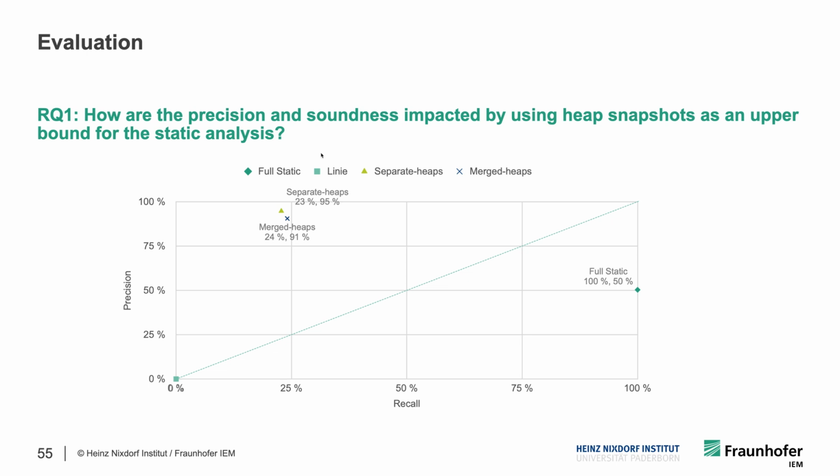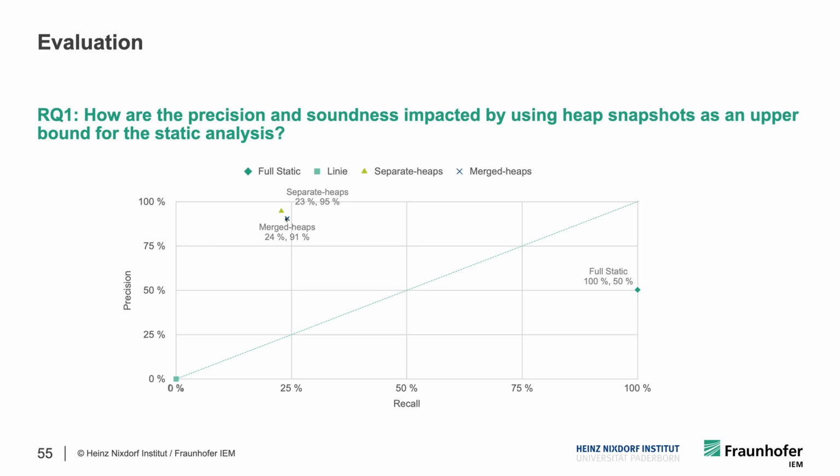Okay, and so you can see that if we only ran fully static analysis, then we would get full recall actually, right? So we had 100% recall. All the flows that should be identified were identified, but we only had 50% precision, right? So this was basically telling us that we had a lot of false positives here.